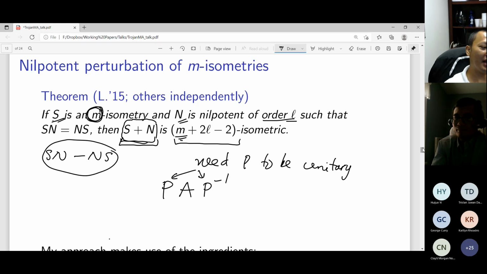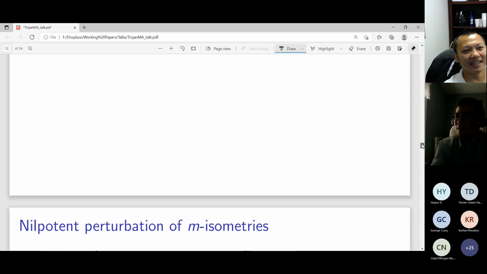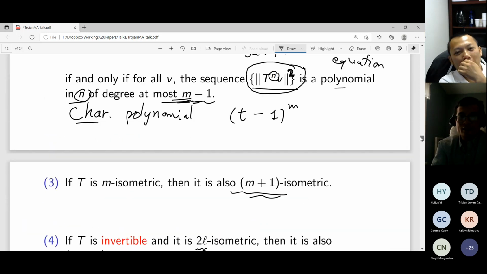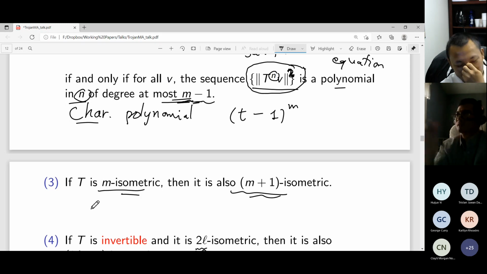I have one more question regarding the number m of the m-isometry. You said that if m is even, you can always reduce m by one, to m minus one. How about the reverse? Can you go from m minus one to m? Yes, you can always increase.